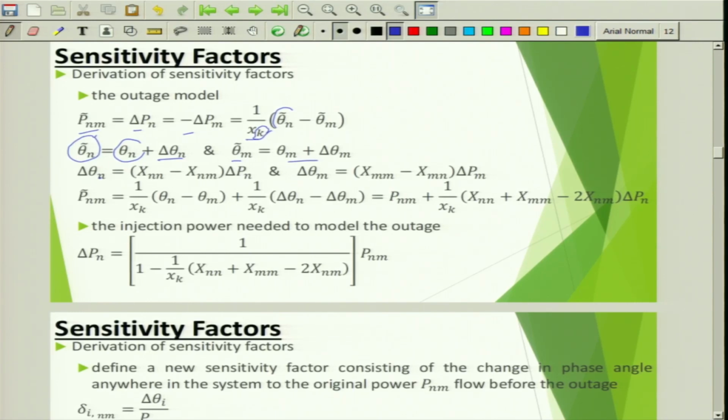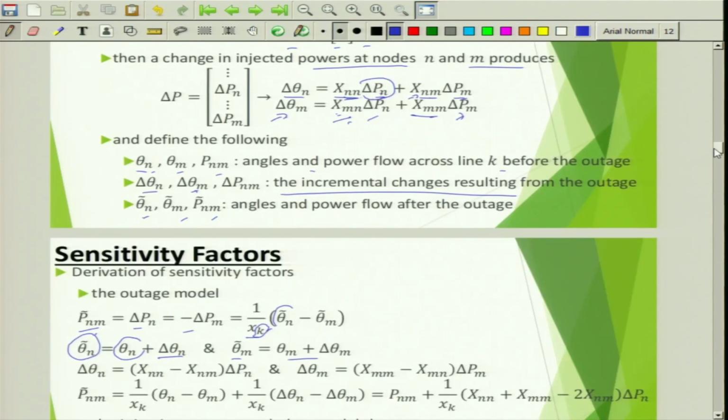Now delta theta n is nothing but xnn minus xnm into delta Pn, which you get from the previous expression. You can see here delta theta n is xnn into delta Pn, and here delta Pm can be represented as minus delta Pn, right. So delta theta n is equal to xnn minus xnm into delta Pn.